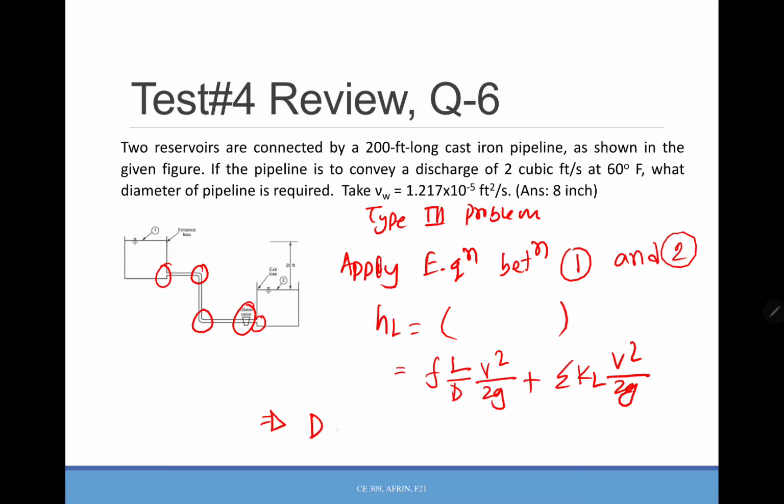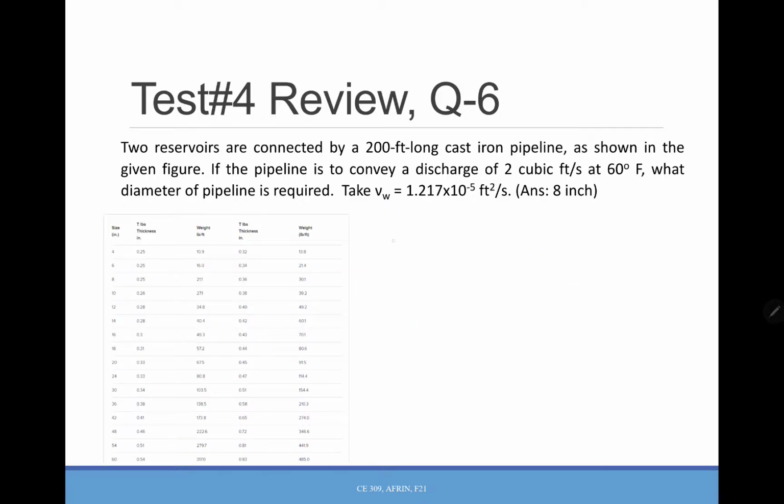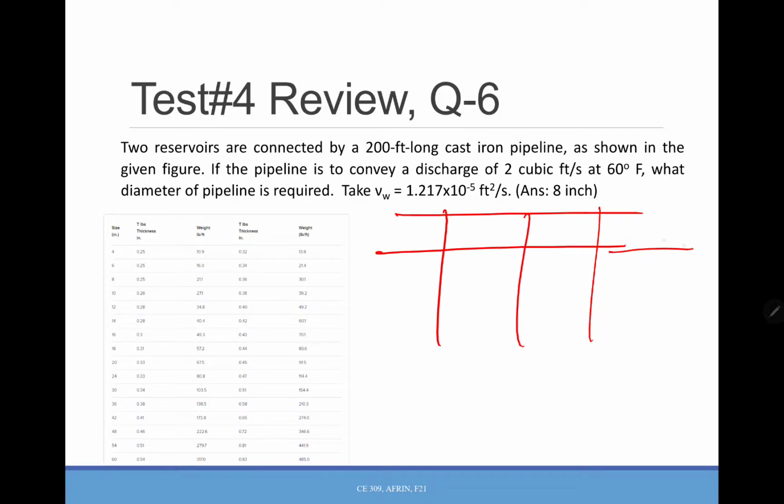So what you will do is find the equation for diameter in terms of the function f. Most probably you will get an equation for this, not just D, because you have some numbers here. Once you have that, you find the friction factor, Reynolds number, epsilon over D, and from the Moody diagram, you will find the diameter.